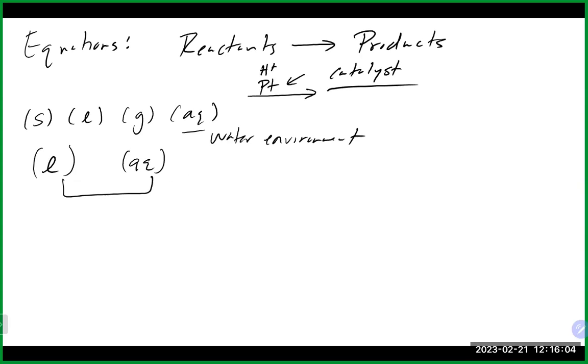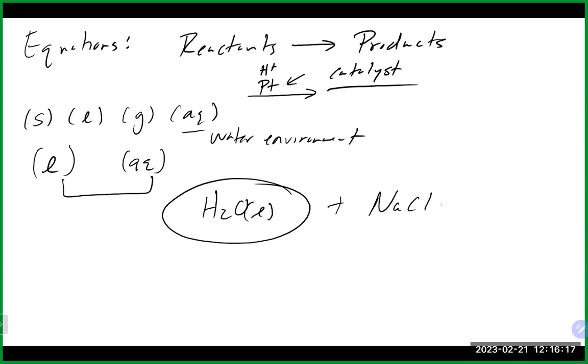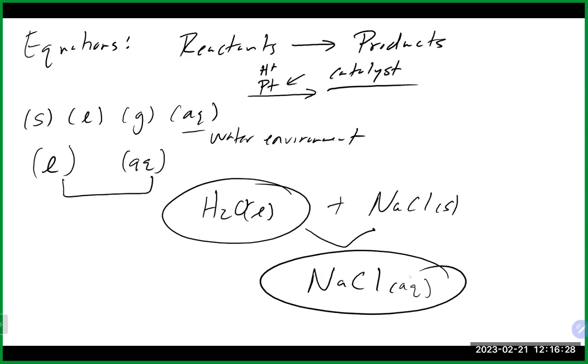Something that has the liquid designation is a pure liquid, a pure substance, like water itself. If I take water and, like you're going to do next time, take some solid sodium chloride, which is a salt, the salt will dissolve in the water and make a sodium chloride solution that gets the aqueous symbol. So aqueous basically are solutions.